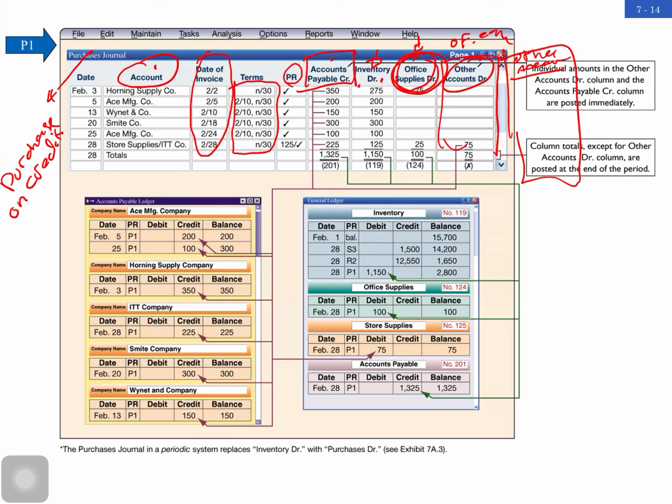Do not forget to write the position: debit, and then accounts payable, credit, inventory, debit. Because this is a purchase on credit, it will affect the accounts payable ledger and the accounts payable subsidiary ledger.